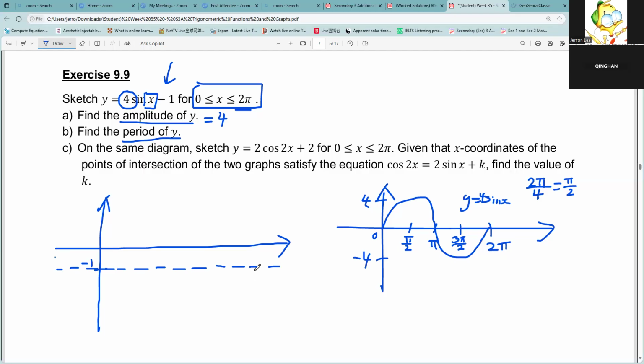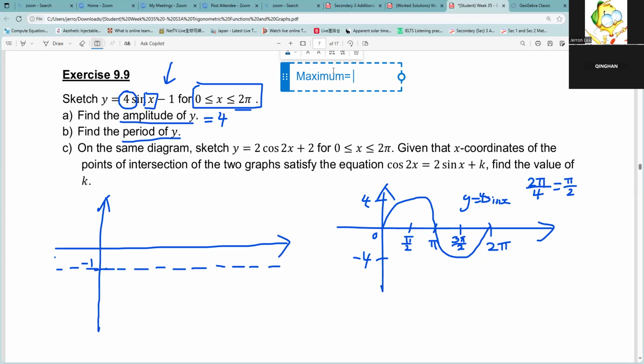The question now is this: you must understand that because this has changed, your maximum has changed. This is what we call max. So you need to write down somewhere, the maximum in this case is actually equal to the amplitude plus the -1, which is equal to 3.